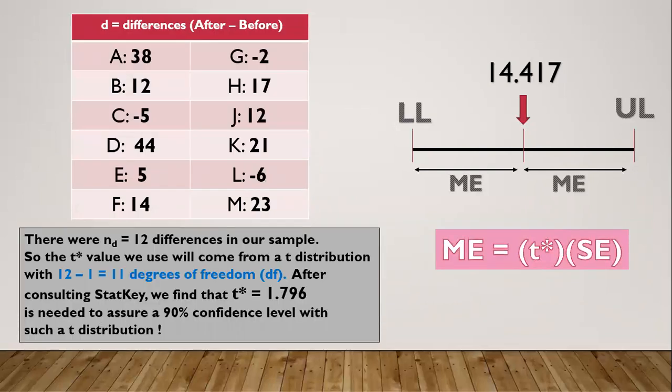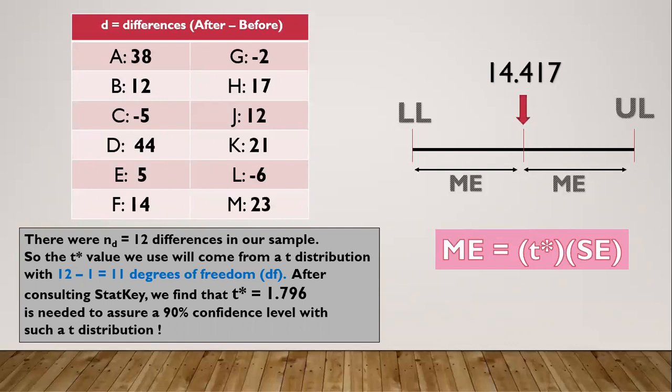We had 12 differences in our sample, a sample of size 12. So that means that when we come up with the t star value for determining our margin of error, we're going to want to use a t distribution with 12 minus 1 or 11 degrees of freedom.